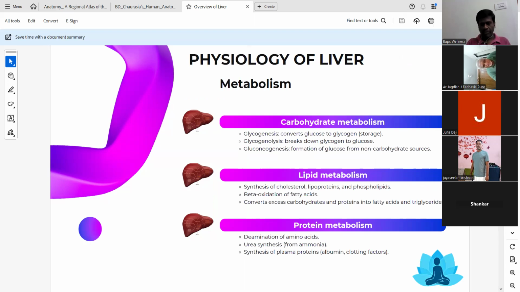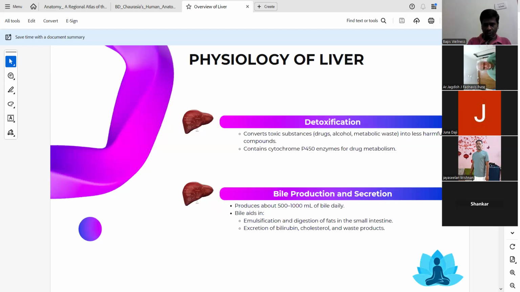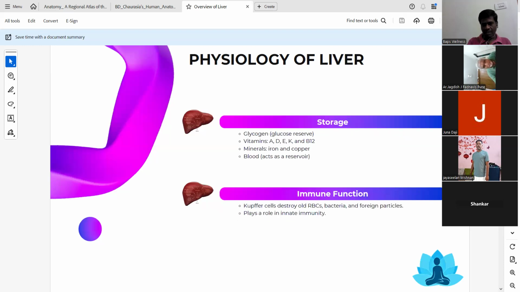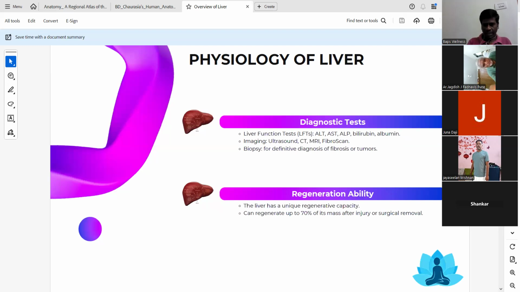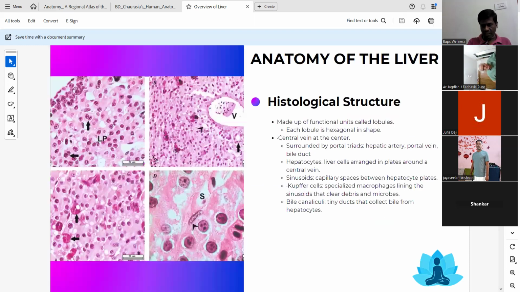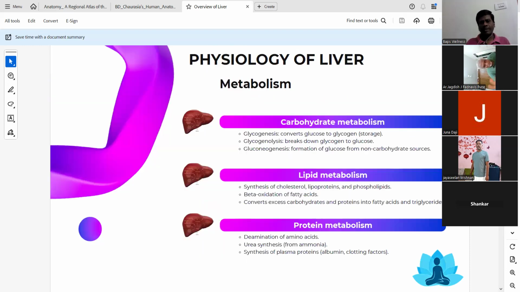So that is categorized into various metabolic activities, like carbohydrate metabolism, lipid metabolism, protein metabolism, and then the detoxification activities, bile production and secretion, then storage, immune function, hormone and enzyme regulation, synthesis of coagulation or blood clotting factors, because this is involved in the blood clotting activities. So these many metabolic functions are performed by the liver.